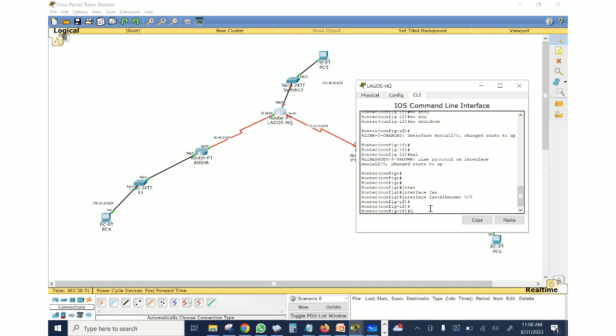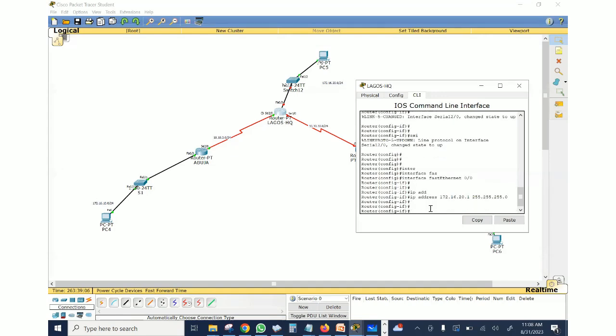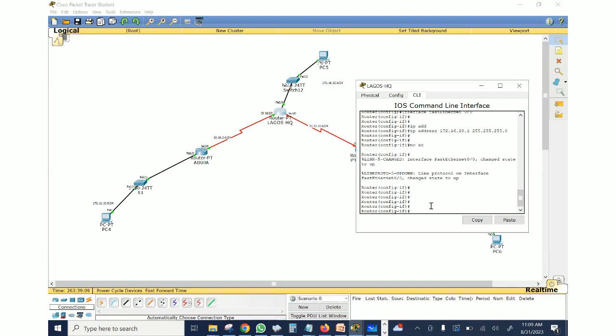So that will be IP address 172.16.20.1/24. Okay, so do no shutdown. Okay, the interface is off.